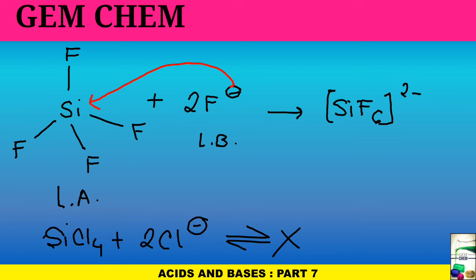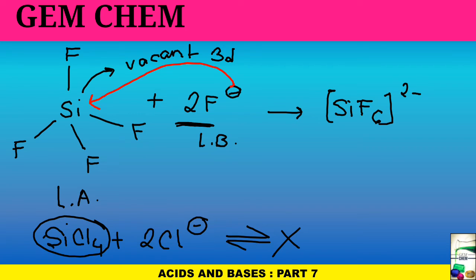But in case of SiCl4, if we add 2Cl minus, the reaction does not occur and it does not behave as Lewis acid, because this acceptance occurs as silicon has vacant 3d orbitals. That will help it to accept the electron density in the corresponding tetrahalides. But this only occurs in case of SiF4, whereas SiCl4 does not show such behavior, because formation of the octahedral Lewis adduct is sterically favored in case of F minus, as 6F is smaller in size compared to 6Cl.